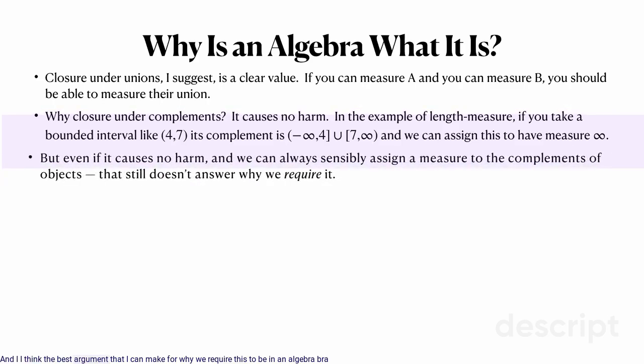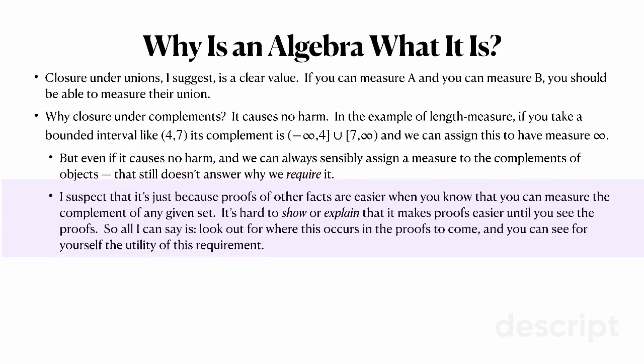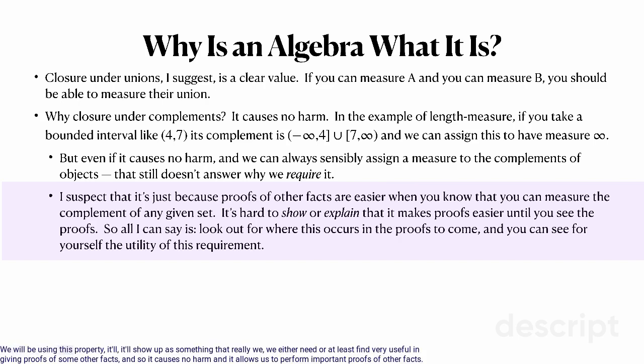And I think the best argument that I can make for why we require this to be in an algebra is because you will find that as we go through proving various facts about Lebesgue measure, length measure in particular, and general measures as well, we will be using this property. It'll show up as something that we either need or at least find very useful in giving proofs of some other facts.